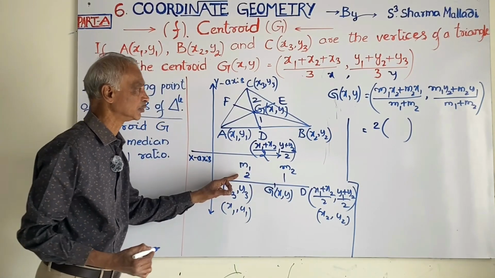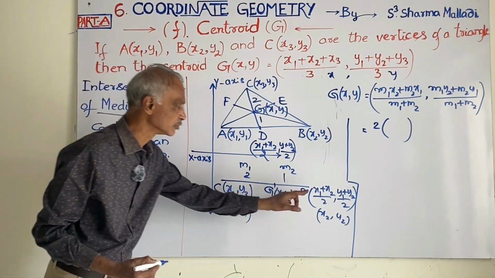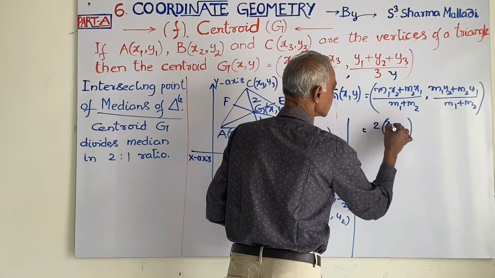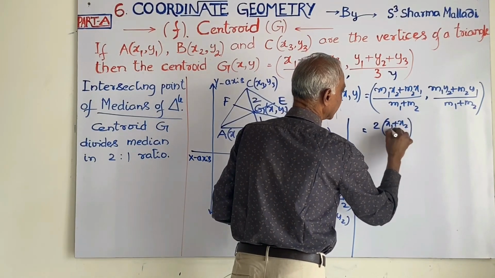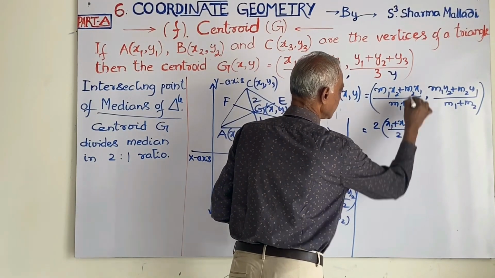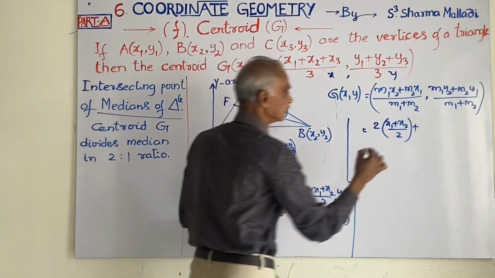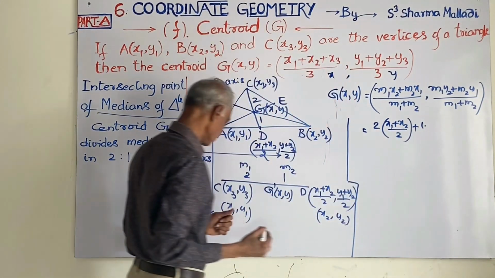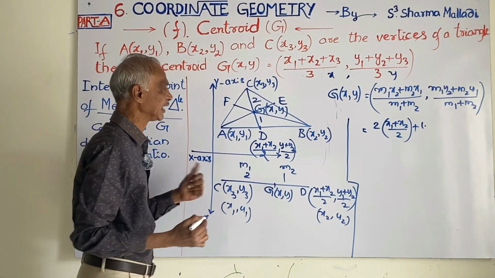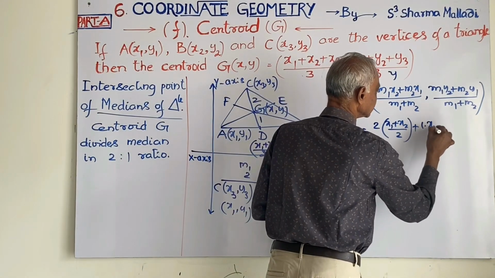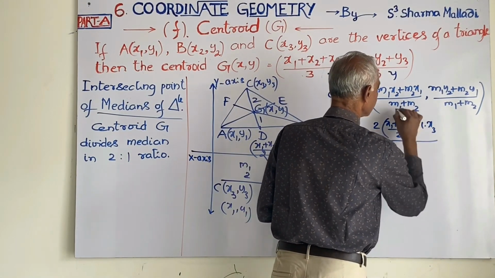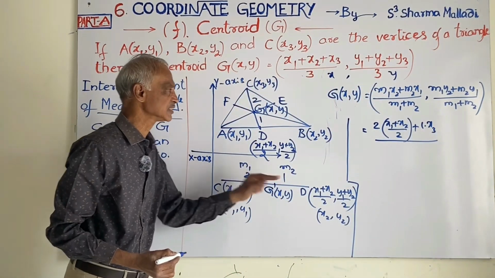What is m1? 2. 2 into what is x2? (x1 plus x2) by 2, plus what is m2? m2 will be 1. 1 into what is x1 here? x1 will be x3 here, by m1 plus m2, 2 plus 1.